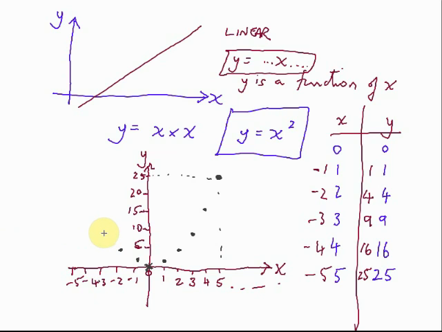Minus 3, then y is 9, I beg your pardon, about 9, it's about there, somewhere like that. And when x is minus 4, what is y? y is 16, which is just up there. And when x is minus 5, y is 25. x is minus 5, let's go up there.